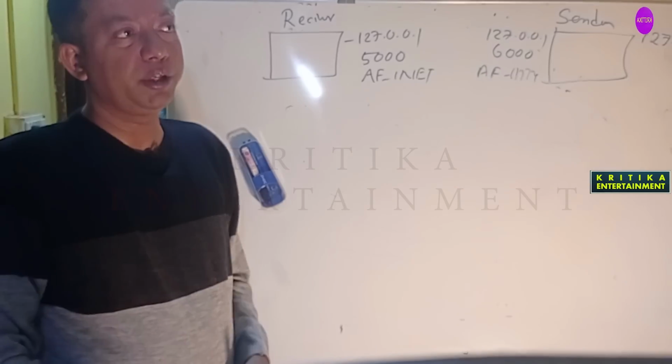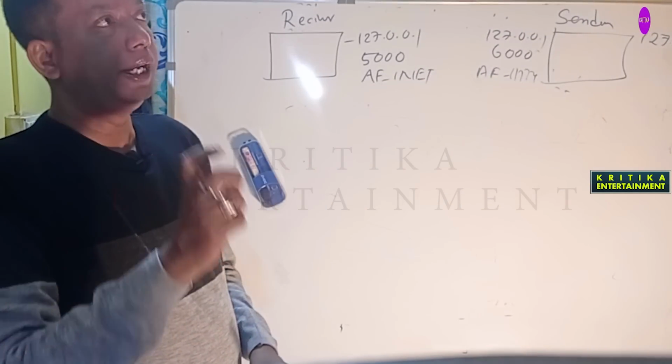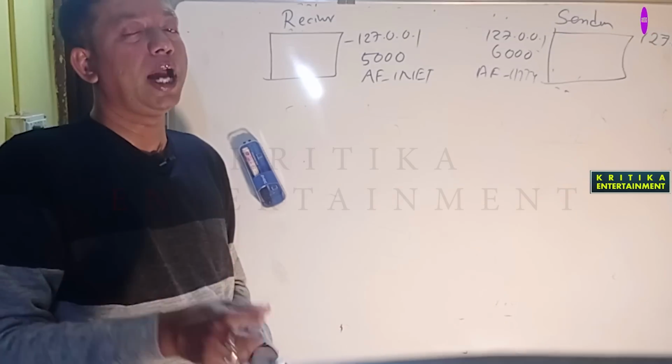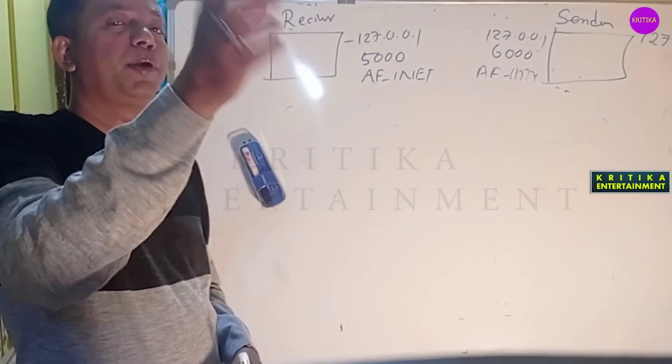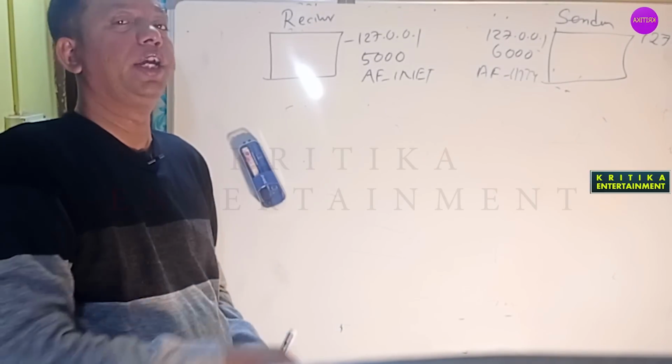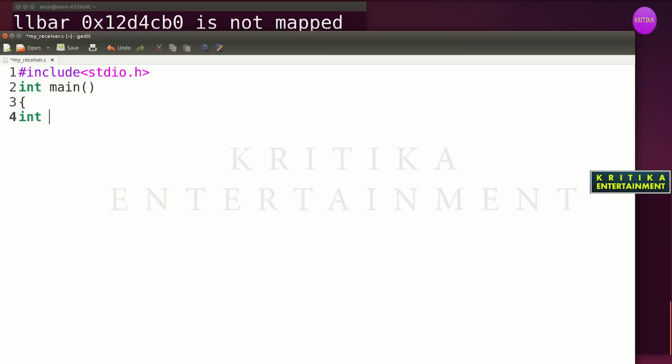FD means file descriptor, because it returns one number from a file or from a socket. I have given the file descriptor a short name, REC FD, is equal to a socket declaration.